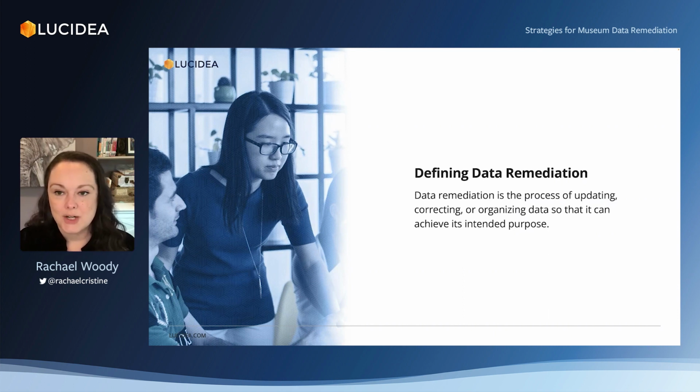So any sort of data that you are inputting as museum registrar or curator or whomever you are doing your collection stewardship, it is all that data that you put into your collections management system that we need to make sure is ending up in the right place, that it is being entered correctly according to standards, and that it is at its most effective for you, since that's the whole point of us putting data into a system, is so that it can help us do our jobs better, as well as help reach our audiences who are interested in accessing our collections.